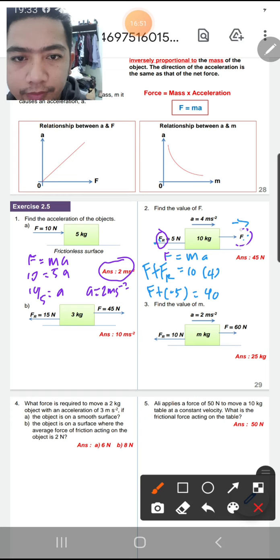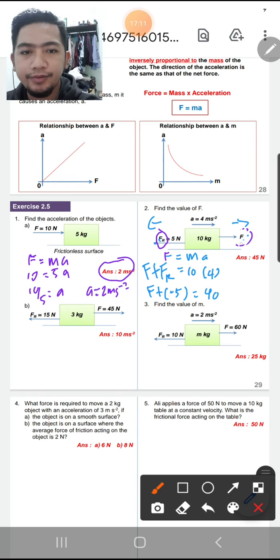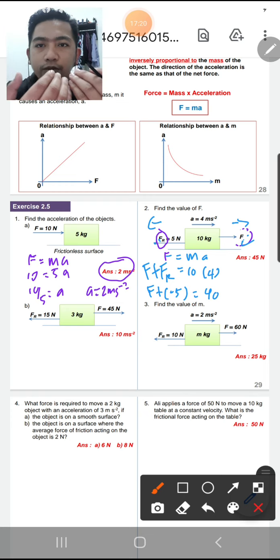So the FR is to the left. That means its direction goes to the left. That's why we have to put the negative sign. It means its direction is opposite to the direction of F. F is not in the same direction as FR. F goes to the right, that's why it's positive. FR is moving to the left, that's why negative.